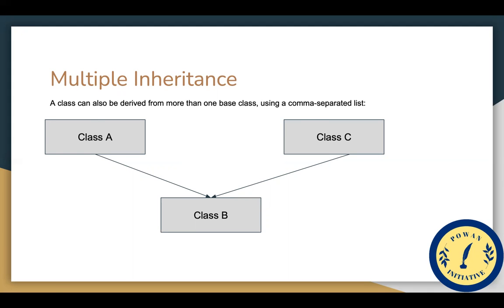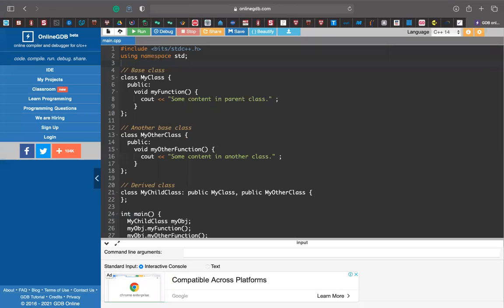So let's have a look at its program. In this program, you can see we again have a class with the name my class. We have another base class, which is my other class. In my class, we have the public member function, which is my function.